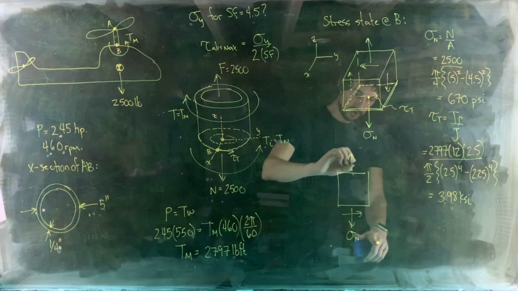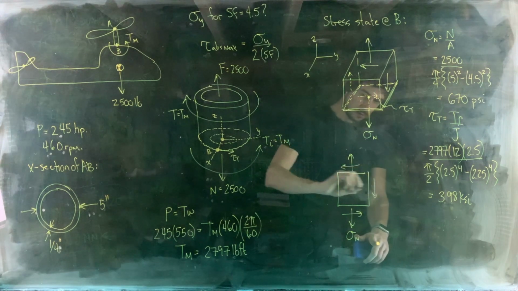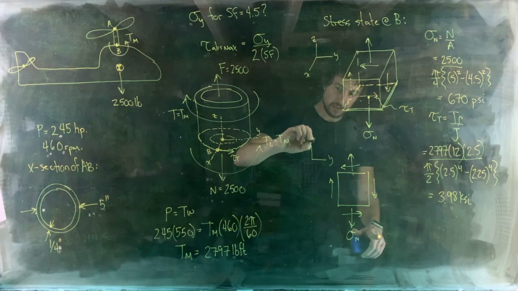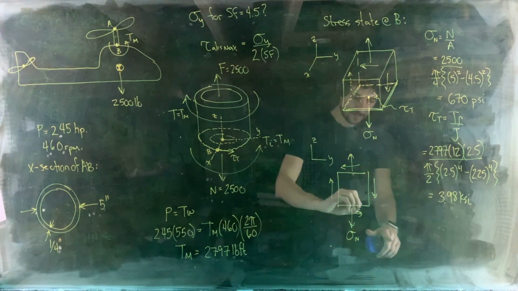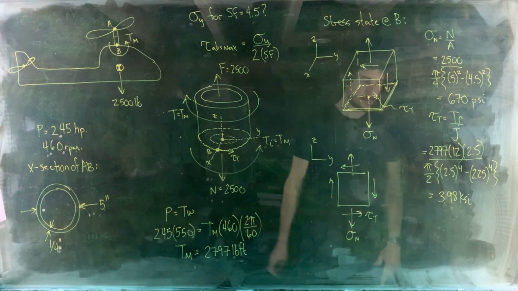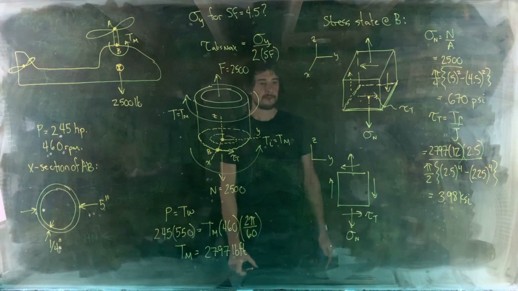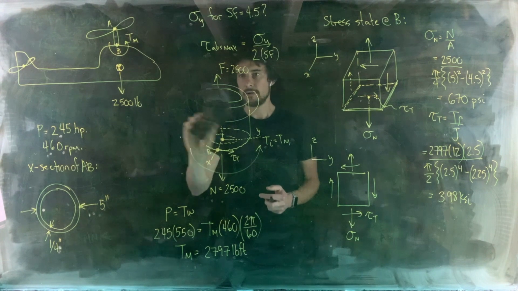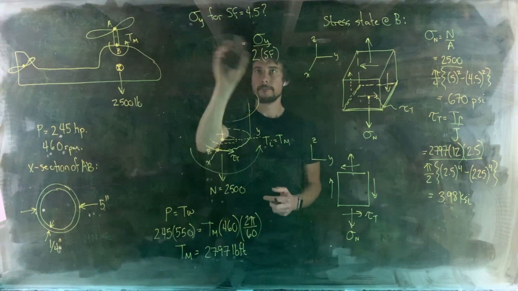We've got our shear stress positioned like this. We're in the YZ plane. Okay, and this is tau T. There. Okay, let's set up the axes for Mohr's circle.